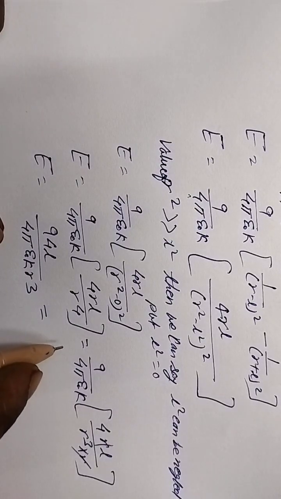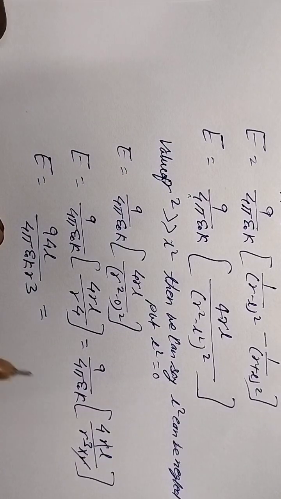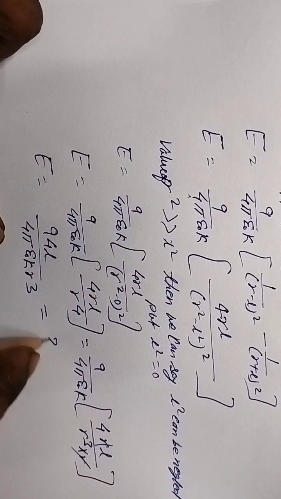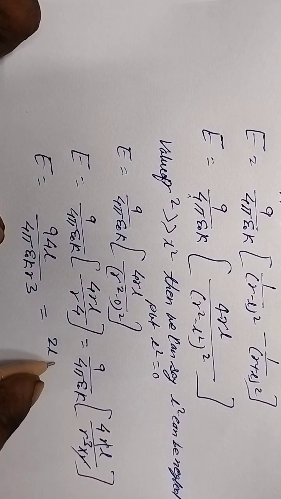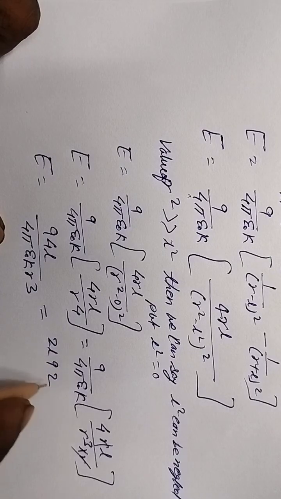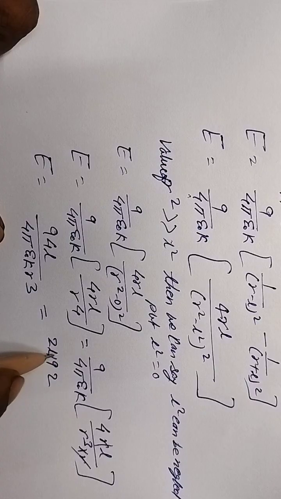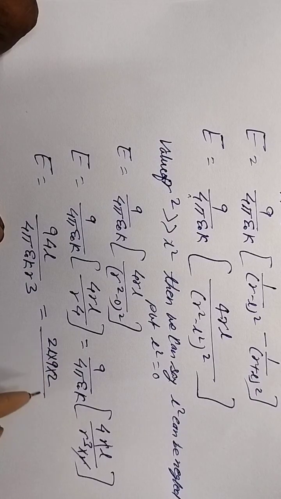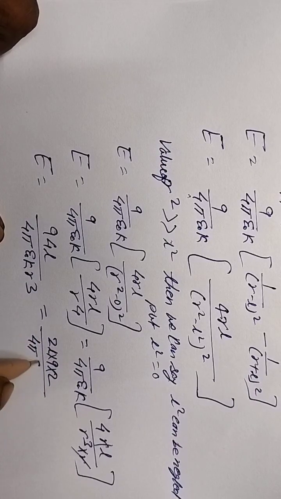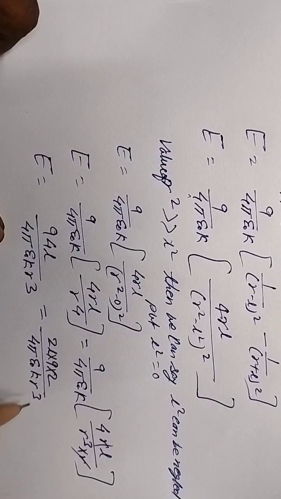Look, the length of the electric dipole is 2L, so 4 can be written as 2L into 2, multiplied by Q, upon 4 pi epsilon 0 K R cube.